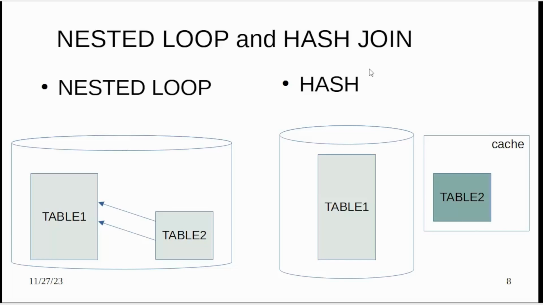Since Firebird 3 there is a better way to treat such situations. It's a hash join. The idea of the hash join is really simple to explain in simple words. Let's just cache the small table, not all of it, but what is required for the joins, build the hash function to find the matching records, and keep it in the cache.